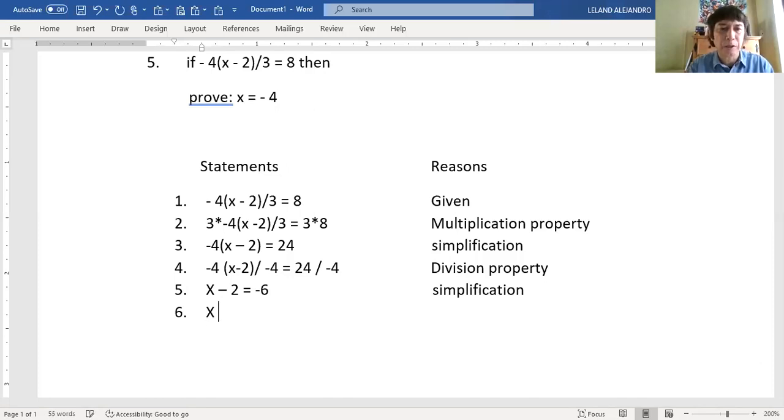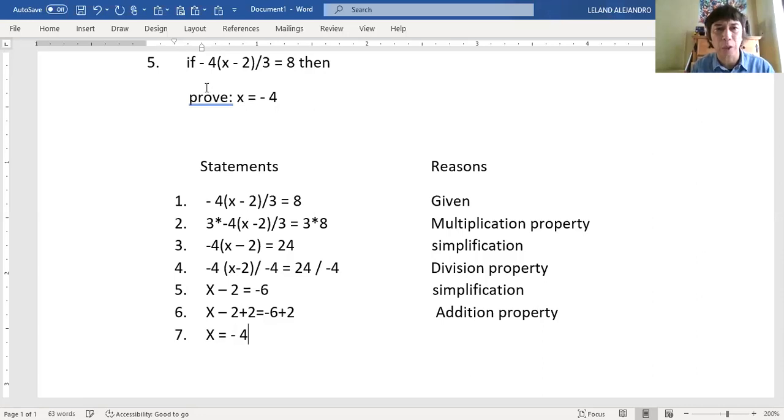X minus 2, we shall add 2, and is equal to negative 6, we add 2 also. This is now addition property. There. And left side becomes x, and the right side is negative 4.